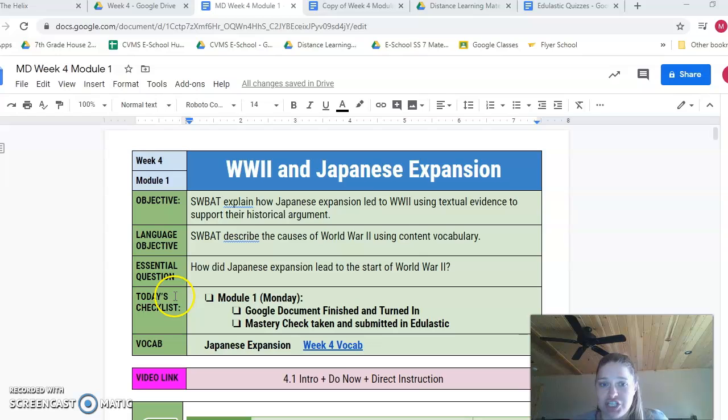The essential question is, how did Japanese expansion lead to the start of World War II? Even though World War II actually started in 1939, the United States did not get involved until 1941 with a very big event that you will be reading about today.